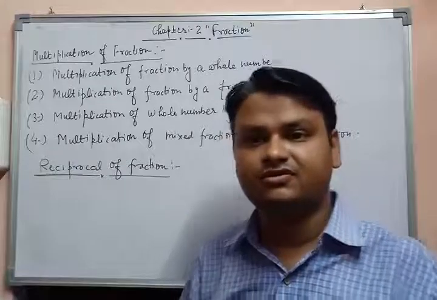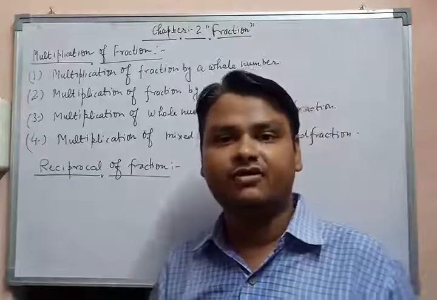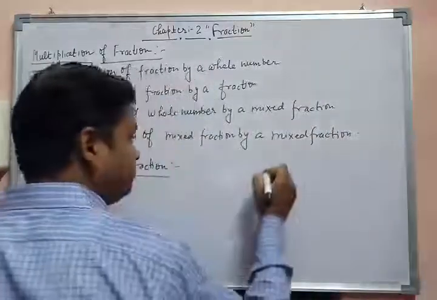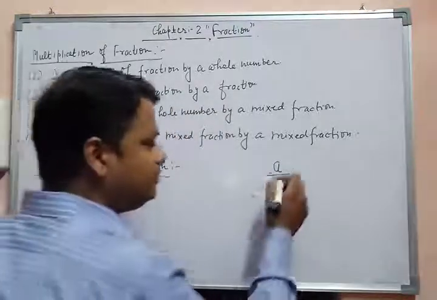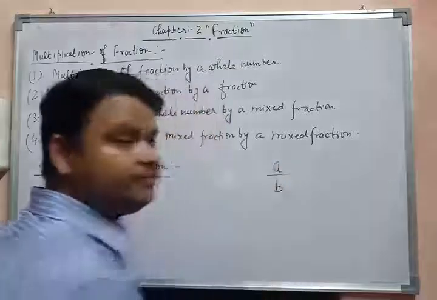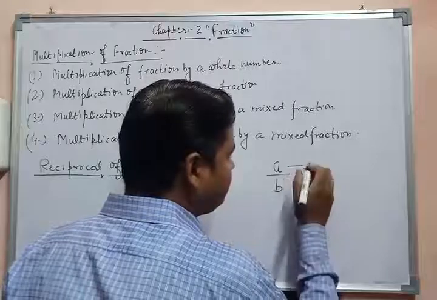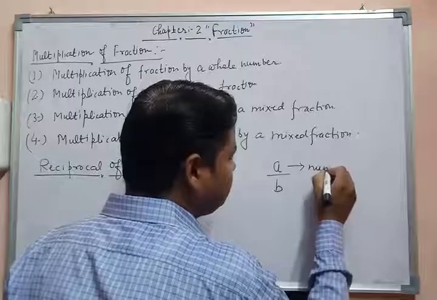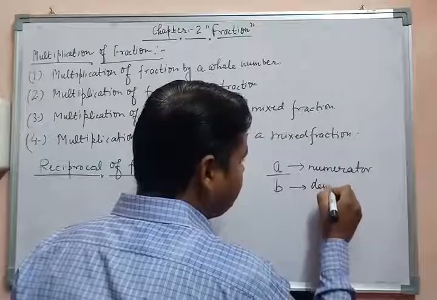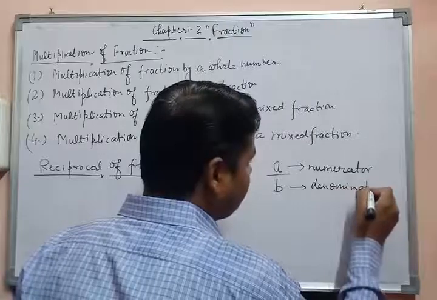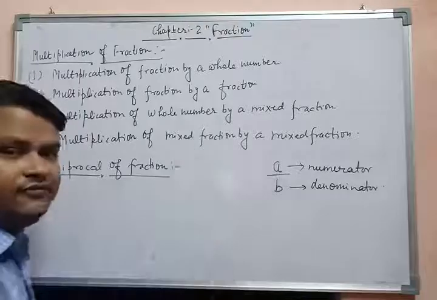You know how we represent a fraction. You all know about A upon B. A upon B is the representation of a fraction where A is called the numerator and B is called the denominator.